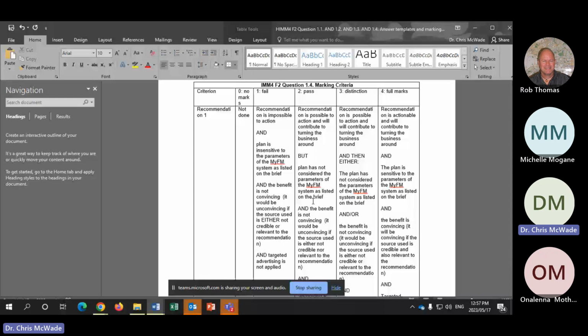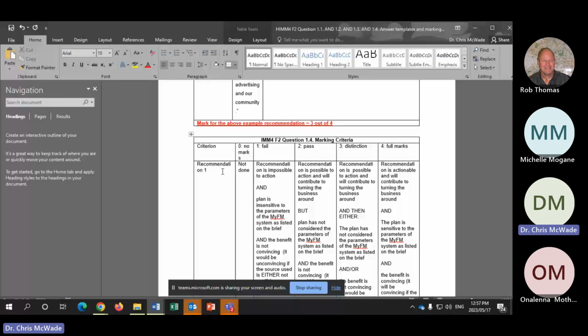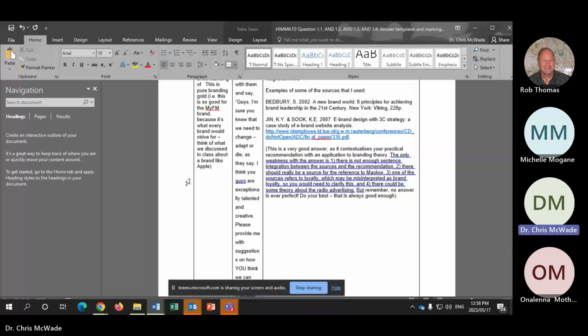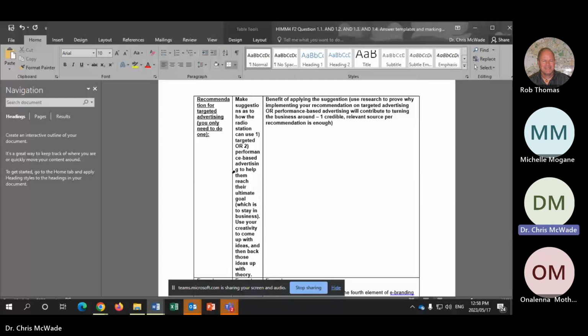You'll recognize this from the other marking criteria that we're going to be using for 1.1, 1.2, and 1.3. Same thing. I have limited it to just do this once. One recommendation about targeted advertising, one recommendation if you want to about performance-based advertising.